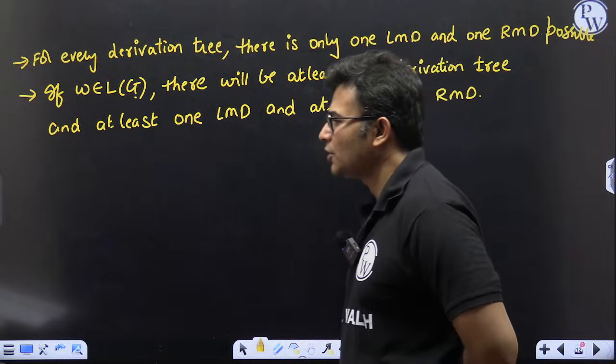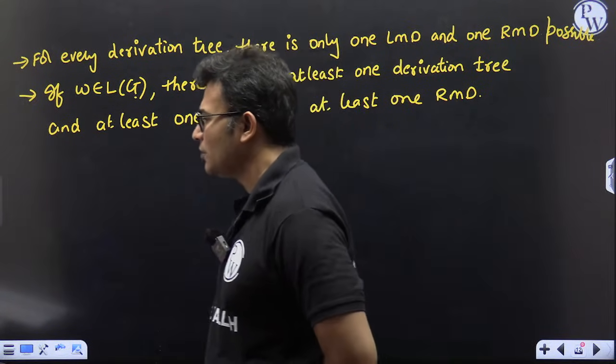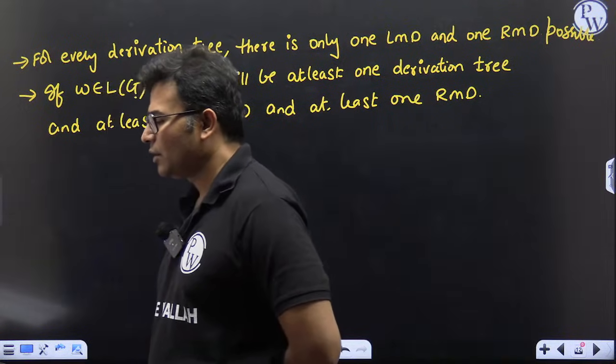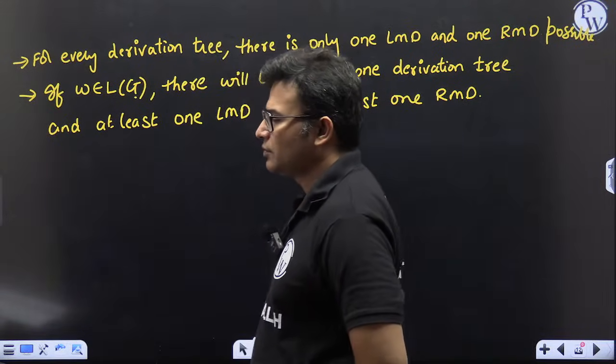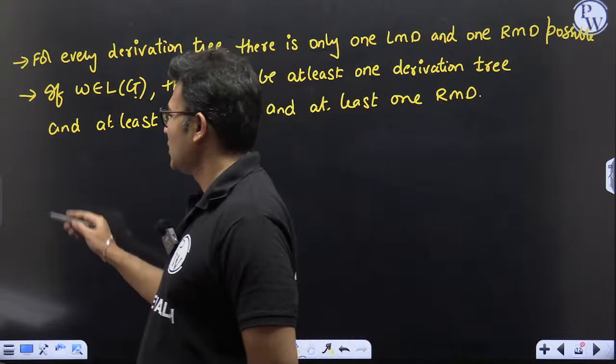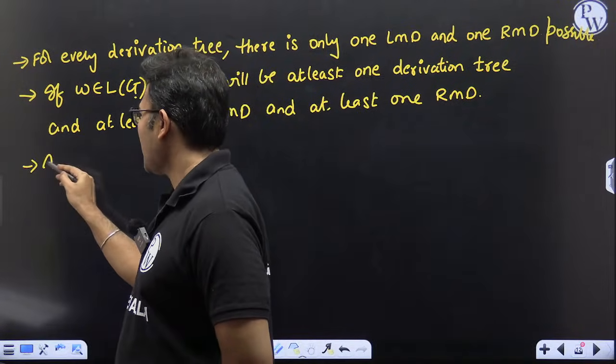If a string belongs to the language, there will be at least one derivation tree, at least one LMD and at least one RMD, right?